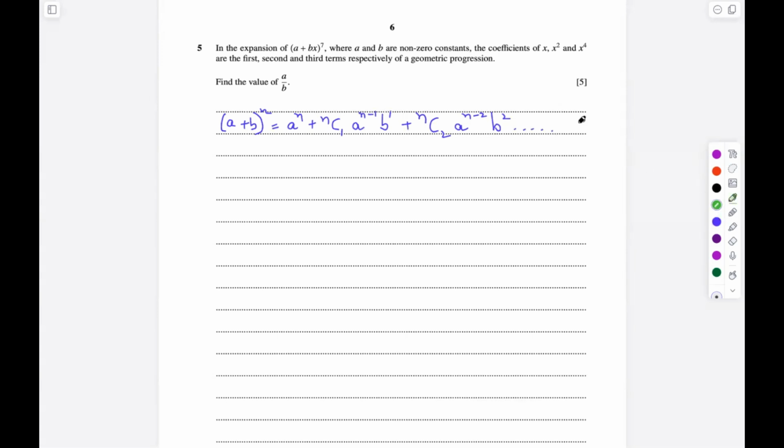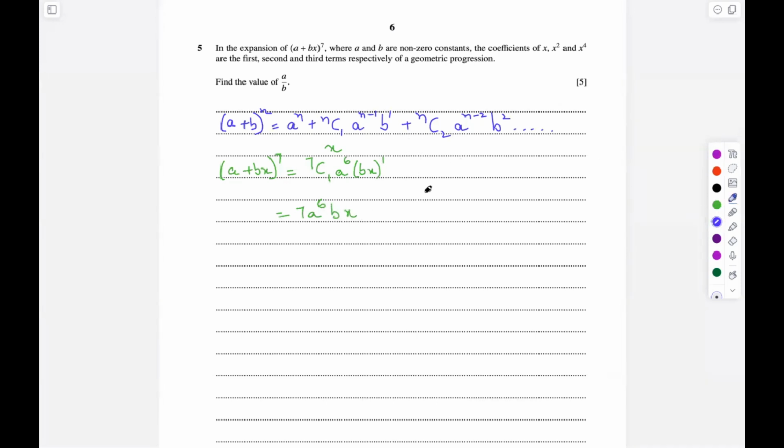As the expression is (a + bx) to the power 7, to get the coefficient of x, we can use nC1, so that will become 7C1 a to the power 7 minus 1, which is 6, and (bx) to the power 1. 7C1 is 7, so we can write it as 7 a to the power 6 b, and this will be x.